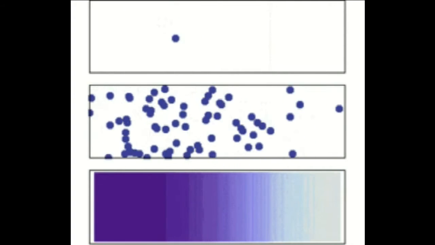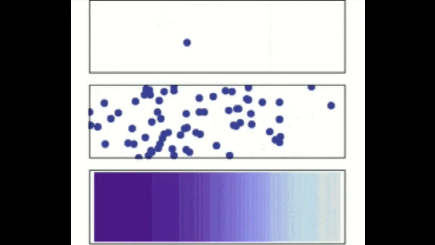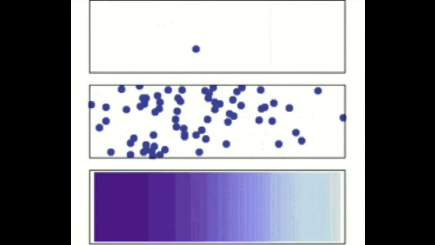At the top, a single molecule moves around randomly, while in the middle, with more molecules, there is a clear trend where the solid fills the container more and more uniformly. At the bottom, with an enormous number of solid molecules, all randomness is gone. The solid appears to move smoothly and systematically from high concentration areas to low concentration areas, following Fick's law.